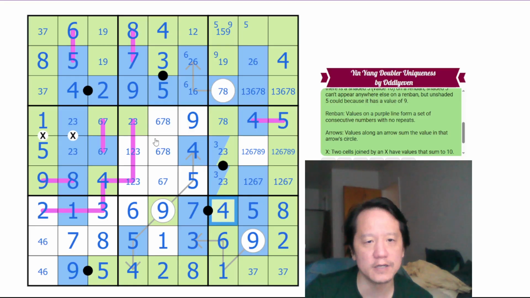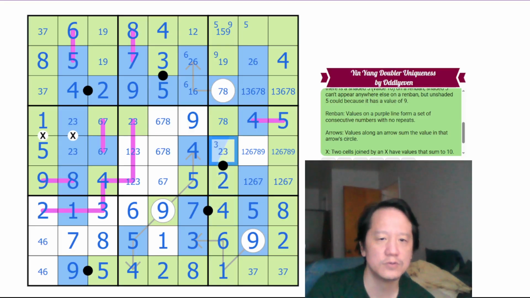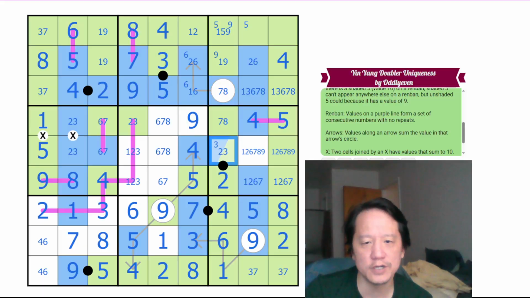And then 8 and 9, so this must be green. So this is both shaded on this diagonal, therefore this cannot be shaded, it's unshaded. So that's the 2. This has to be shaded in the 3.